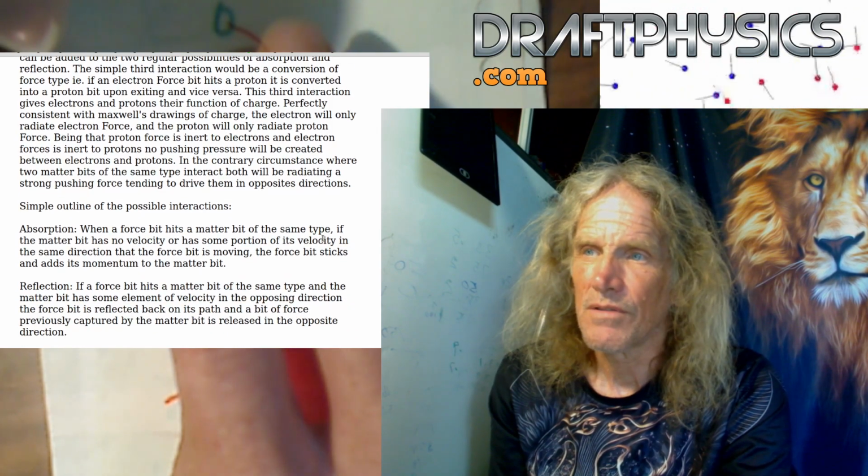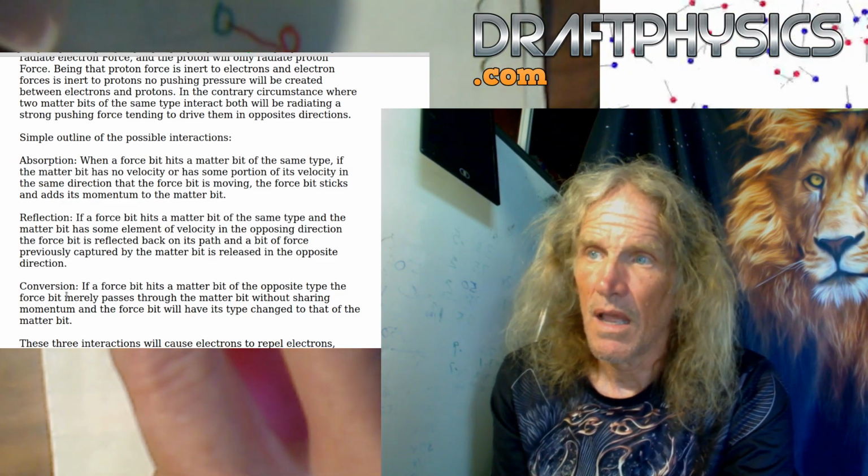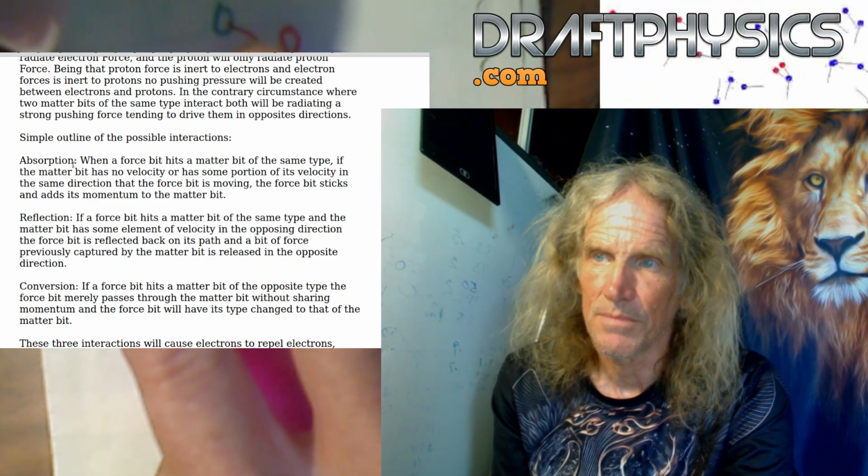Alright, so then I provide a simple definition of these types of action. Simple outline of possible interactions. Absorption.